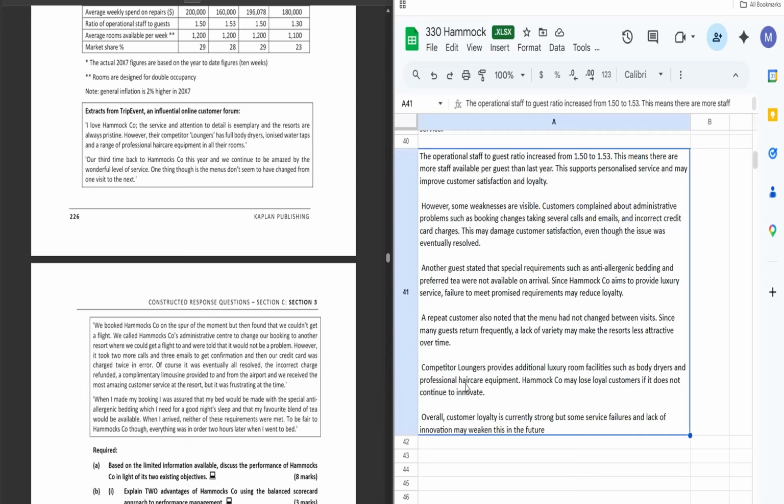And the overall customer loyalty is currently strong, but again, if you have gone through the last few paragraphs, this indicates that the company lacks innovation overall, and if this is the case, the customer will get bored over time, and they may switch their preferences to other resort companies, and Hammock company will lose customers, and customer loyalty will be reduced, and automatically it will impact the company profitability.